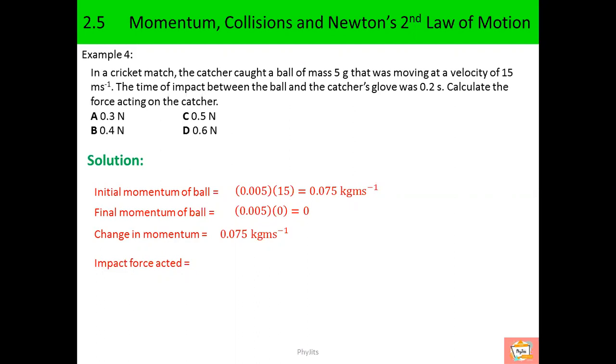Because you are talking about the change, you are not concerned about negative or positive, because negative and positive mean direction. Here you are just talking about how much the change is. That's why the negative is neglected. So impact force is momentum divided by the impact time. So you get 0.4 Newton.